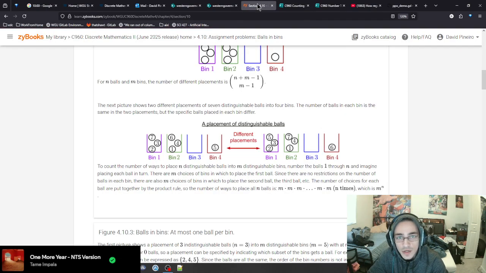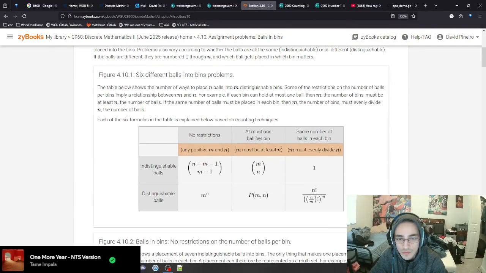So why is it not 8 choose 4? It would be 8 choose 4 if it said at most 1 ball per bin, apparently. But we're doing this apparently.